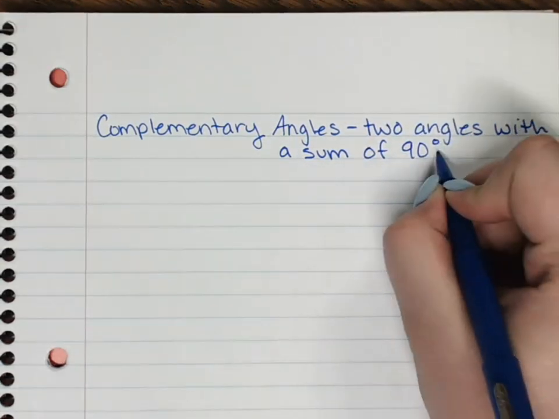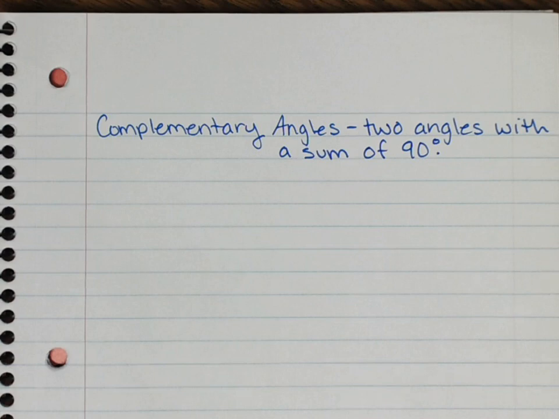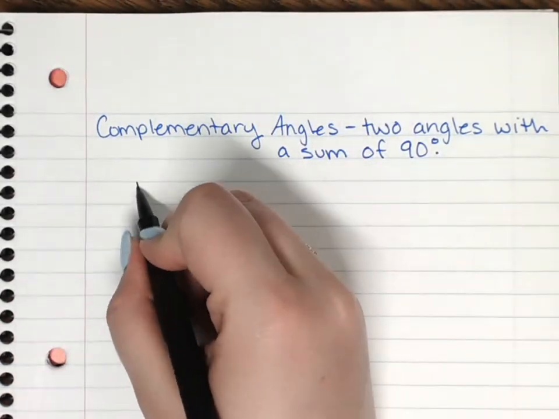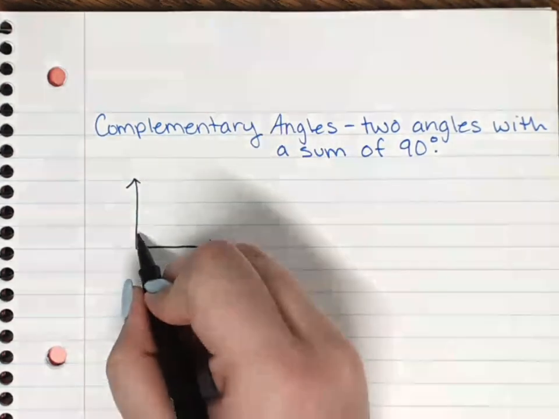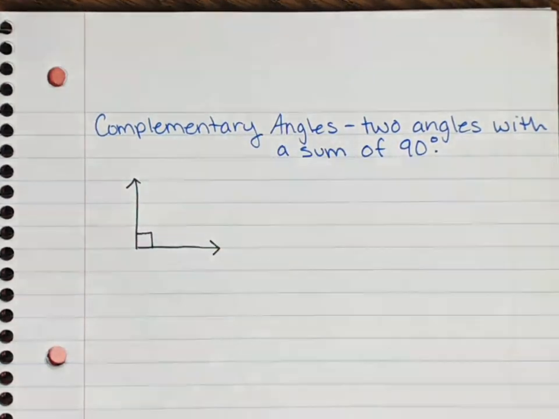Remember, sum is addition. With a sum of 90 degrees. They can be adjacent, so they can be touching, or they don't have to be, but in this case, they will be. So I'll have a 90-degree angle here, and I'm going to put that little square here to tell me that it's 90 degrees.